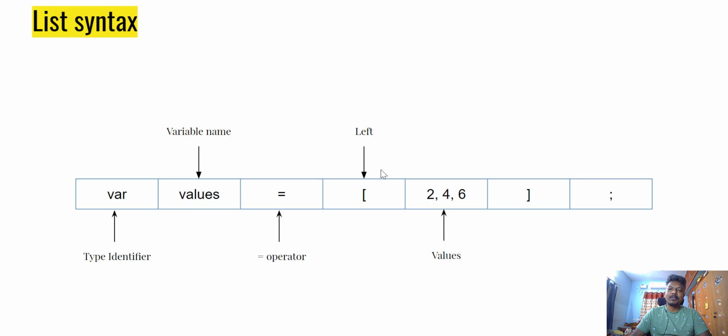Inside we have to define what kind of values you can put into the list object, and then we have the close bracket and then the expression end operator. So this is a simple syntax for how you can create a simple list object in your program. But when you refer to the Dart API definition, there are so many other ways you can create list objects.